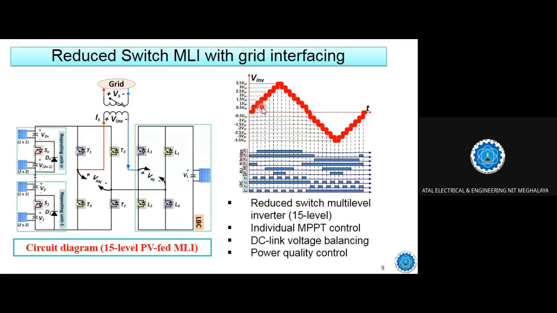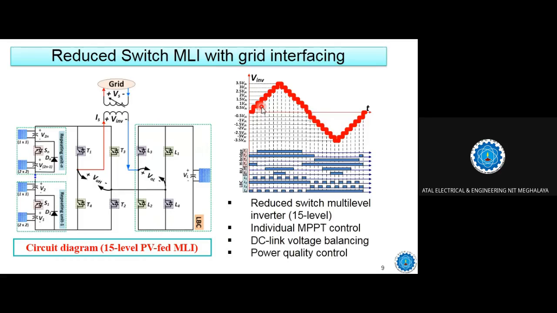If you are not maintaining the DC link voltage across each PV panel, see, I have maintained the steps here: 0.5 V, then 1 V, then 1.5 V. So each step here is 0.5 volt. Are you getting it? Yeah. If you are not maintaining the voltage as desired, one step may be 0.3, another step may be 0.7.